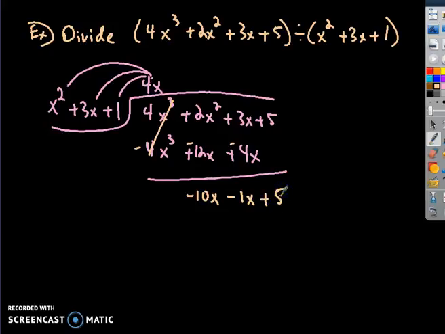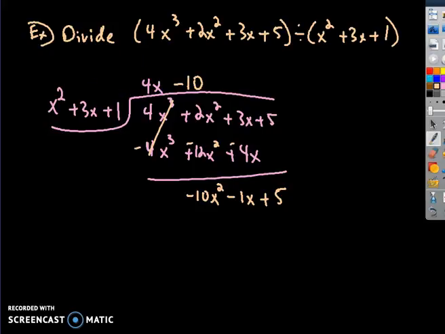Alright, now I'm going to create a new number. So now my number is x squared times what gives me a negative 10x squared, right? So you think about it, negative 10. Alright, so let's get rid of this stuff I drew earlier.